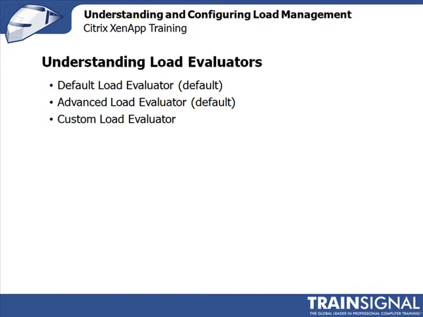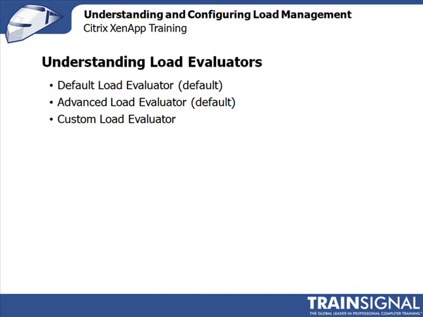So if there's 5 users on server A and 10 users on server B, the next user is automatically going to go to server A, and it's going to continue to fill server A with users until the load is even. Then when server B has fewer users, it goes to server B, and so on and so forth. But that's just based on how many users are connecting to servers.